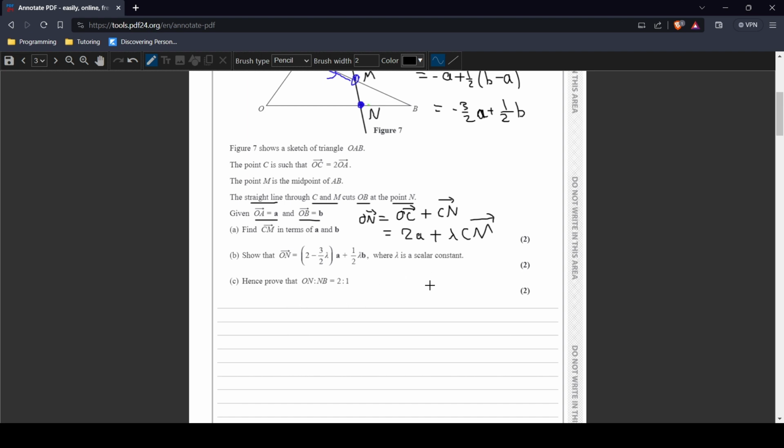But we know what CM is from part A, right? So this becomes 2a plus lambda times minus 3 halves a plus a half b. And now collecting all the like terms together, the coefficient on a will become 2 minus 3 halves lambda, and then we also have the plus a half lambda b.